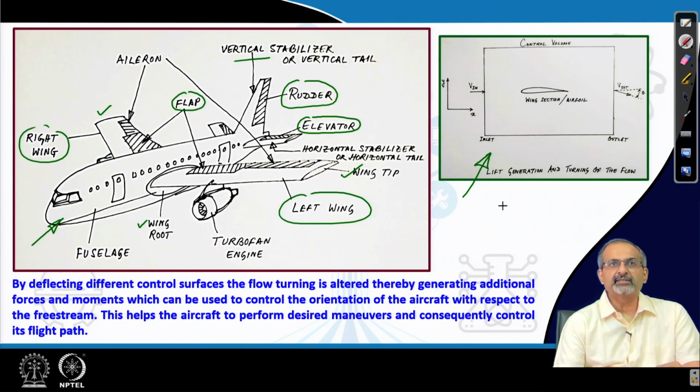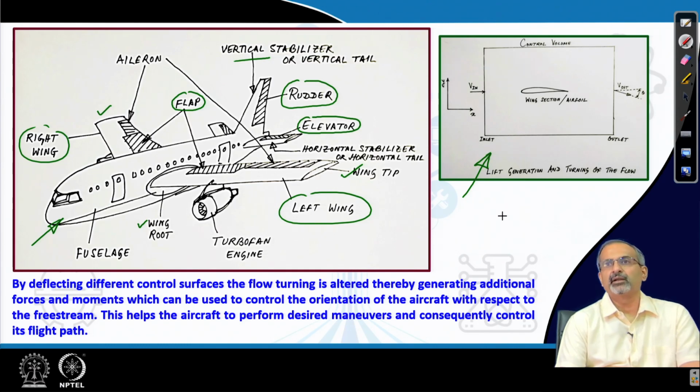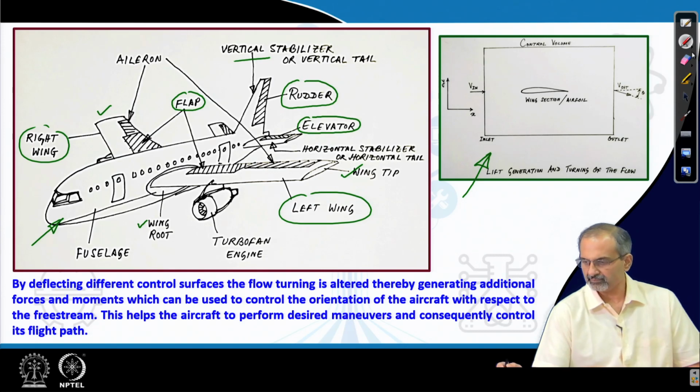So, these different sections can be tilted or deflected, and thereby you could enable flow turning. When flow turning is altered, it generates additional forces and moments, which can be used to control the orientation of the aircraft with respect to the free stream, and this ultimately helps the aircraft to perform desired maneuvers and consequently control its flight path.